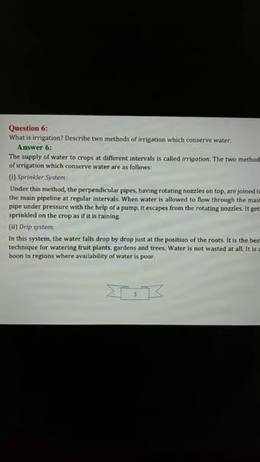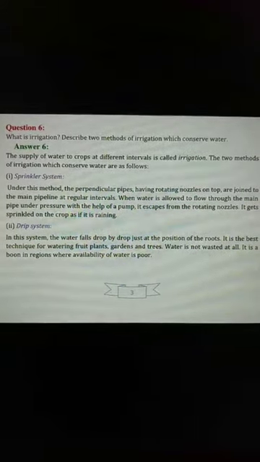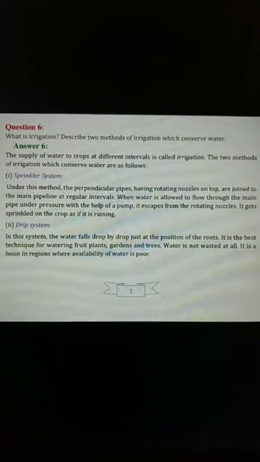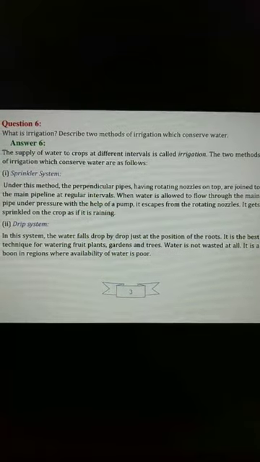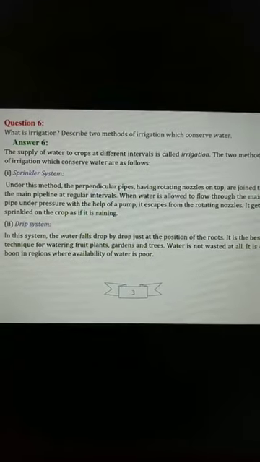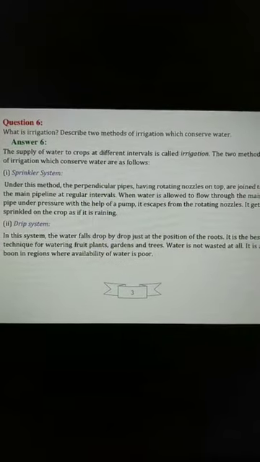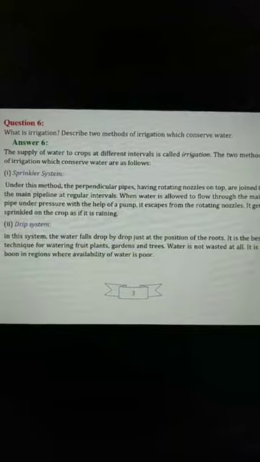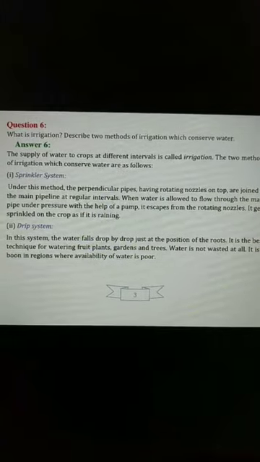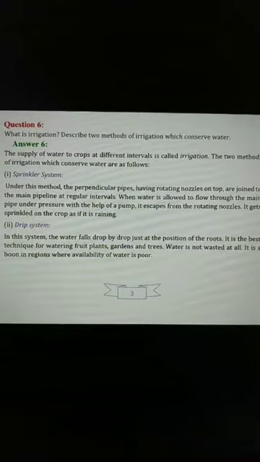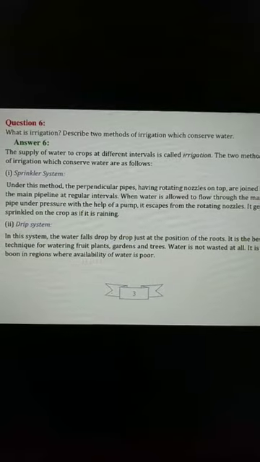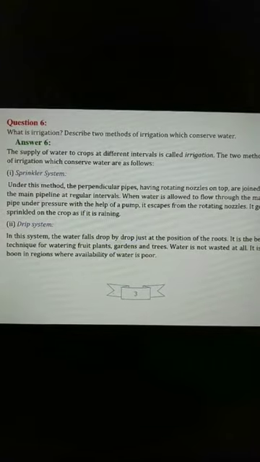First let's read about the sprinkler system. Under this method, perpendicular pipes having rotating nozzles on the top are joined to the main pipeline at regular intervals. At a fixed measurement, one perpendicular pipeline is fixed, in an L shape you can say, and one rotating nozzle is on the top of the pipe, which is joined to the main pipe.